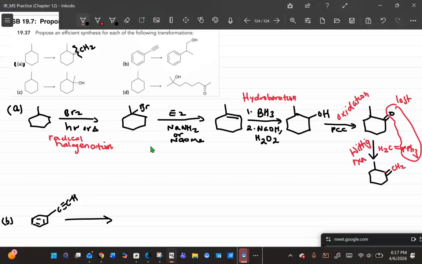Well, let's start somewhere. This chapter is on aldehydes and ketones. I'm really confused. Ah, no, I see what they did.